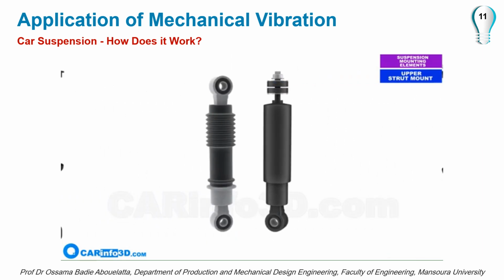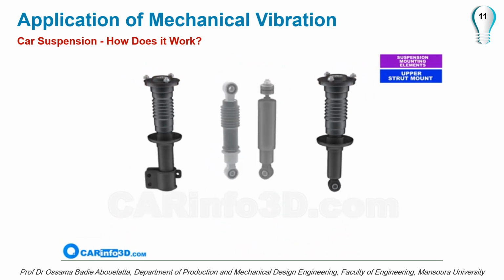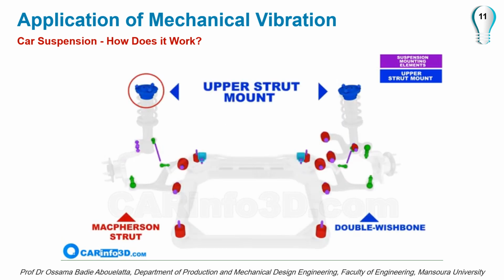The strut mount. Shock absorbers are attached via rubber bushings. The upper strut mounts in the front shock absorbers, however, feature a different kind of fixture. In the case of the McPherson strut, the upper strut mount must allow the strut to rotate, as its bottom is rigidly attached to the steering knuckle.